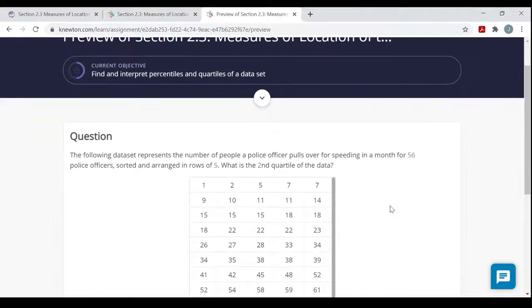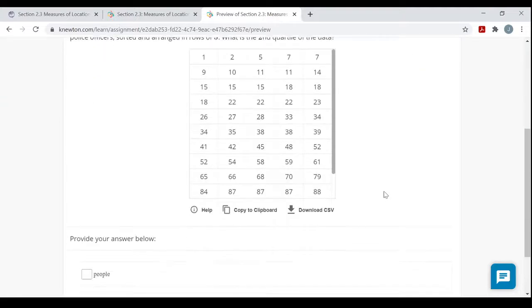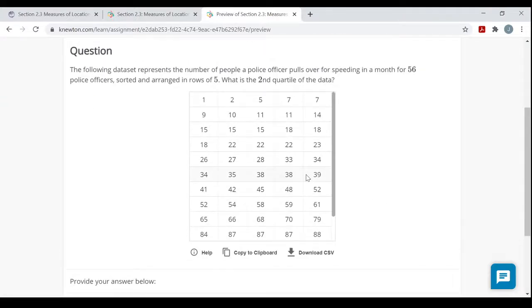Now the second quartile, that's the median. You use 50%. So I'm just going to leave this to you. This is a different table, but there are 56 values here, so n is 56. You take half of that, 50%. Well, actually, half of n plus 1, half of 57, which is 28 and a half.